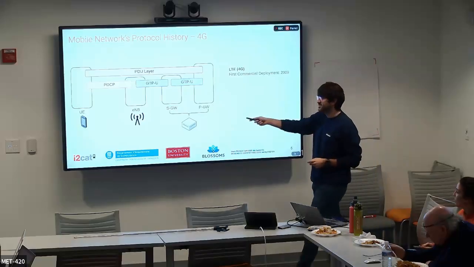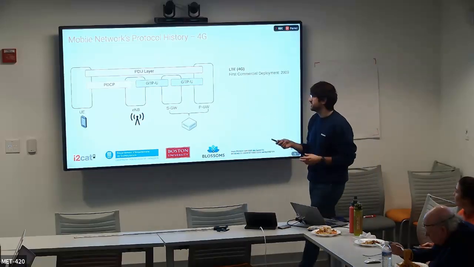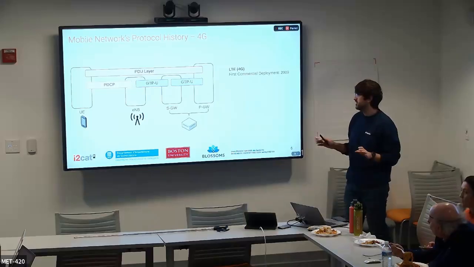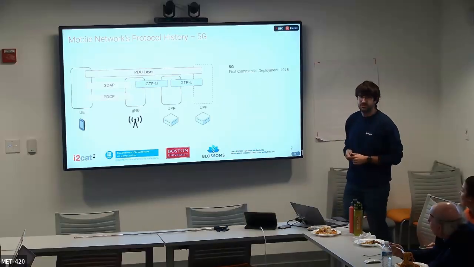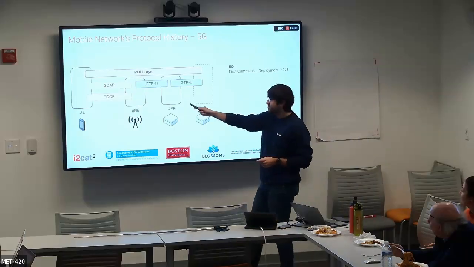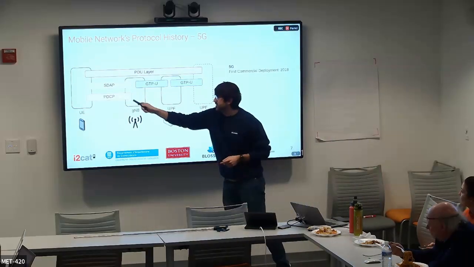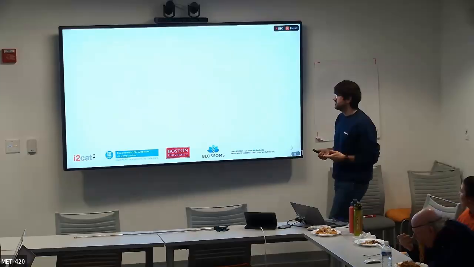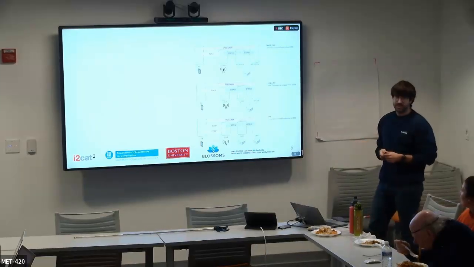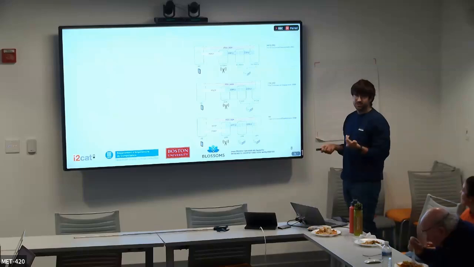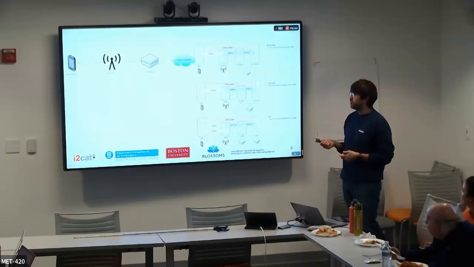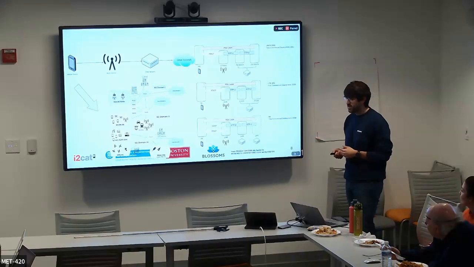Nothing really changed. Some letters and some things change, but essentially the protocols are exactly the same. In 5G, they added some extra layers in the radio segment, but essentially in 30 plus years of mobile history, the protocols didn't change, while the scenarios and the use cases did. So we're moving from this to this.